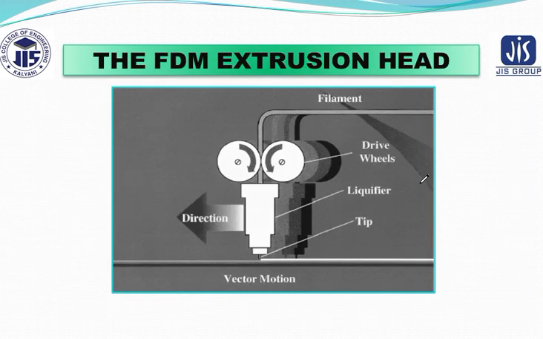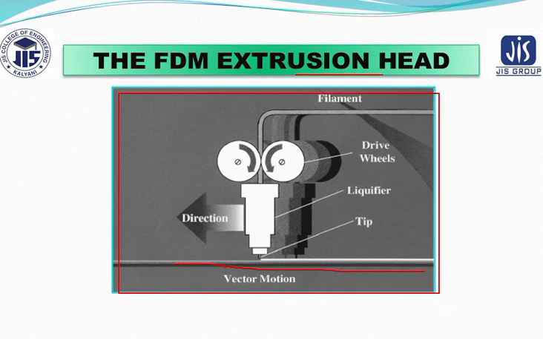So you can see the FDM extrusion head. The main thing is the extrusion head, which is involved in the entire process. So if you have a look, this particular line is the base, and this is totally the extrusion head, you can see here.